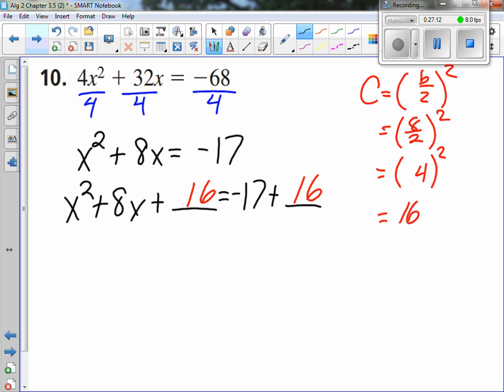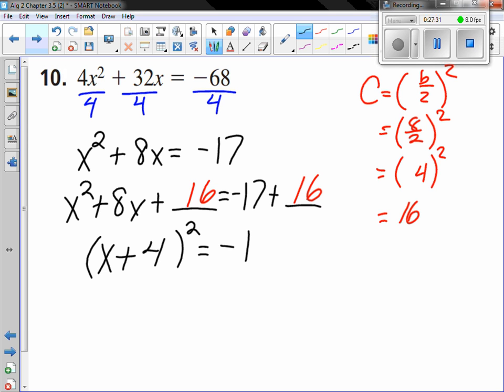Any questions on any of this here? Any questions on any of this so far? So x squared plus 8x plus 16, I could rewrite this as x plus 4 squared. Negative 17 plus 16 would give us negative 1.